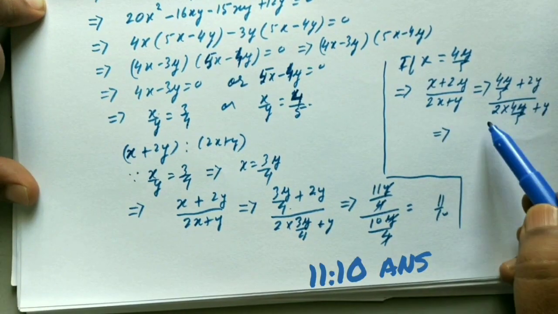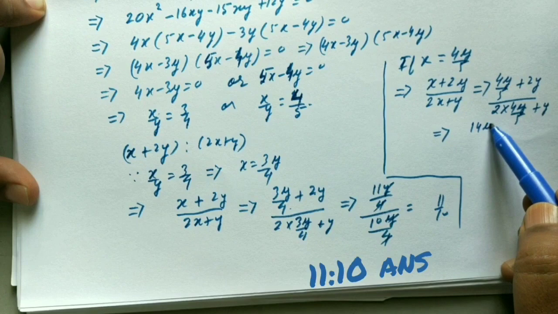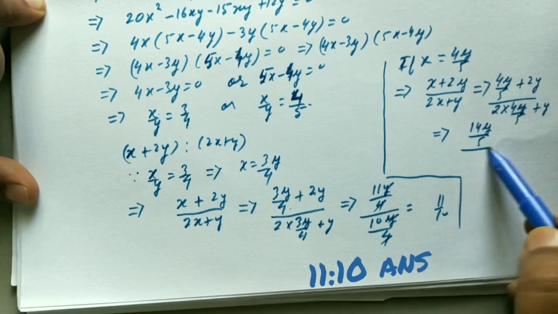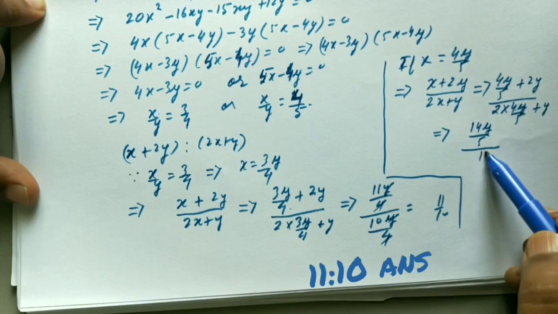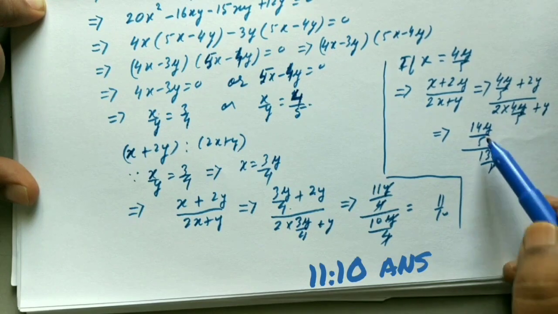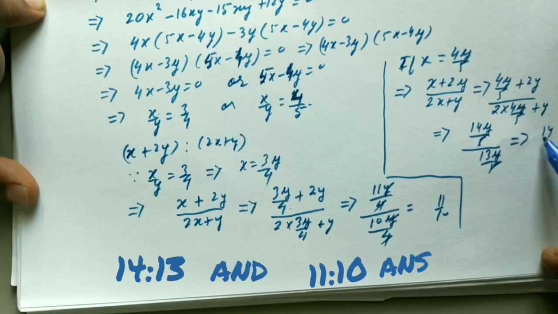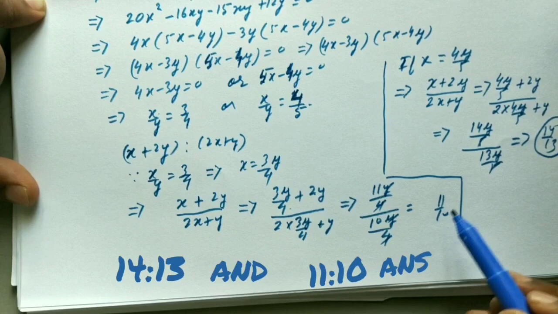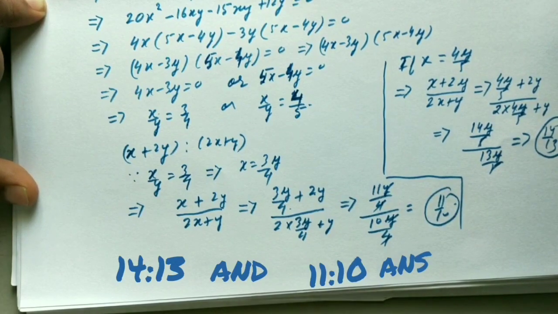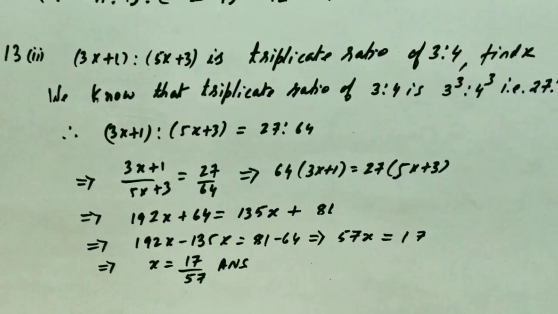Simplify, you get 4y plus 10y, 14y by 5, 8y plus 5y, 13y by 5, and the final answer is 14 by 13. So either this or this. This is the solution.